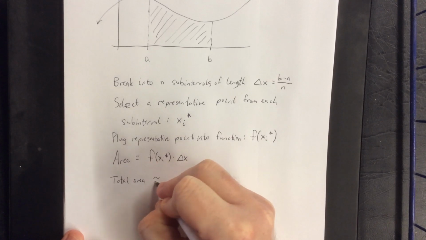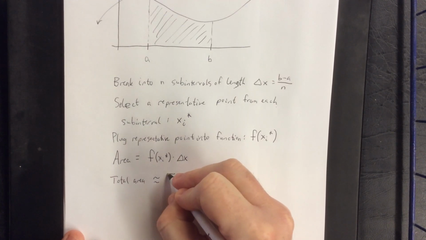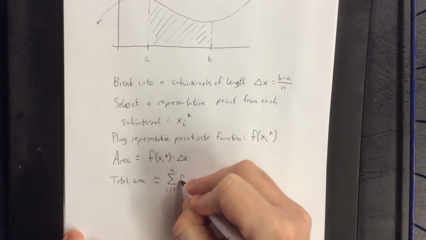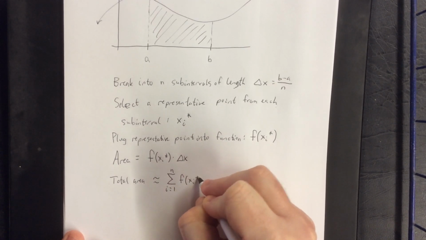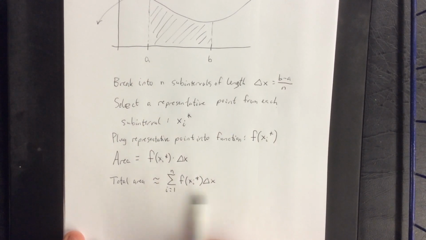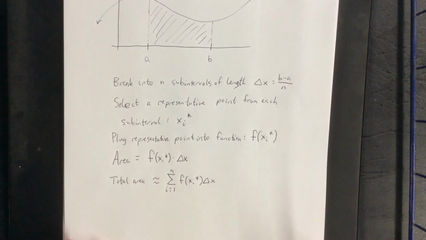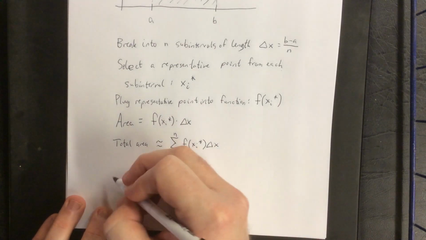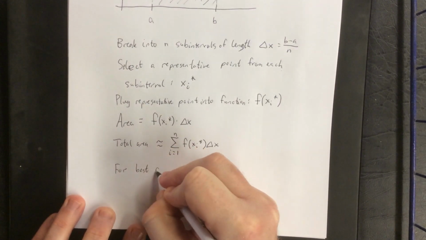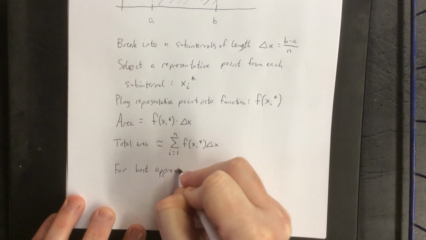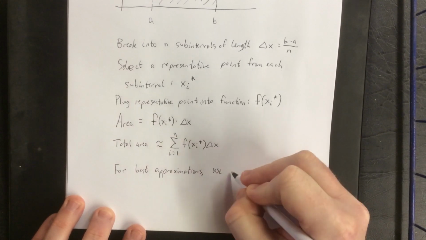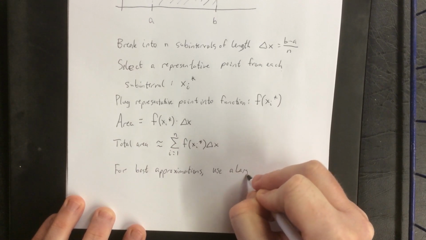So the total area under the curve was approximately equal to, this is where we introduce the summation notation that we introduced right at the end of the previous section, the sum of all those rectangles. For the best approximations, use a large value of n.